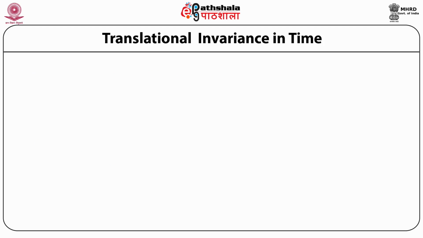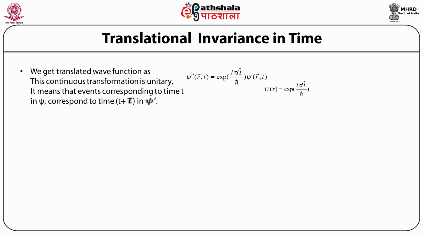Energy conservation and invariance in time. Now, based on the definition of the wave functions defined under the time transformation or translation, we get the relation for the translated wave function as psi prime as a function of position vector r and time t is equal to exponential to the power iota times tau times Hamiltonian operator upon h cross, times the wave function psi as a function of position vector r and time t.